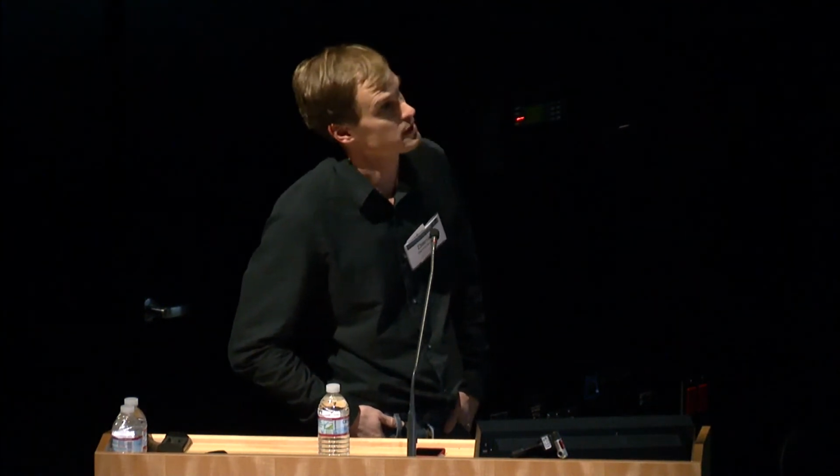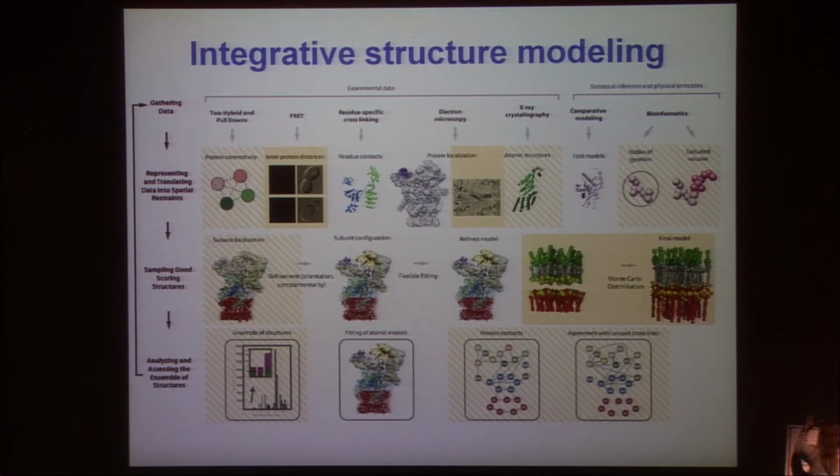So there's a large range of data going into it, ranging from bioinformatics, statistical potentials on the most, some people would call it fuzziest, most theoretical side, and then various types of structural data, electron microscopy, protein connectivity from various sorts of proteomics data, FRET, things like that.